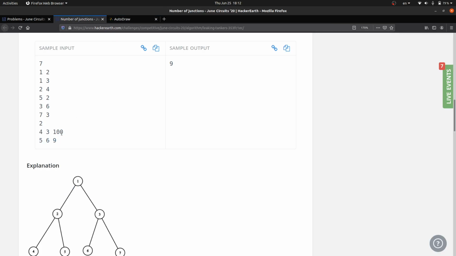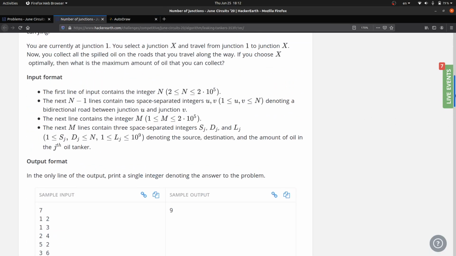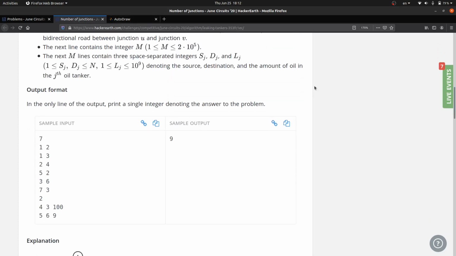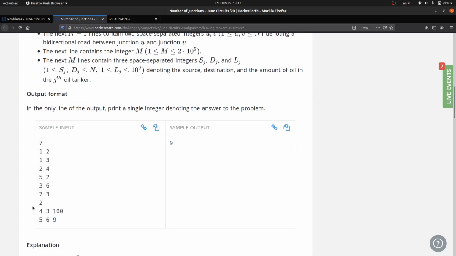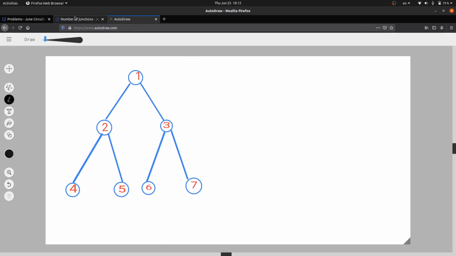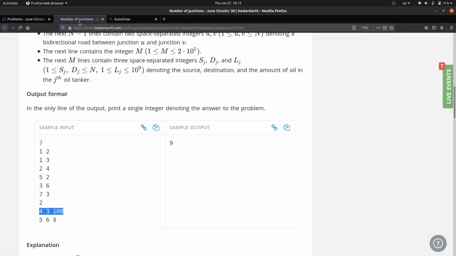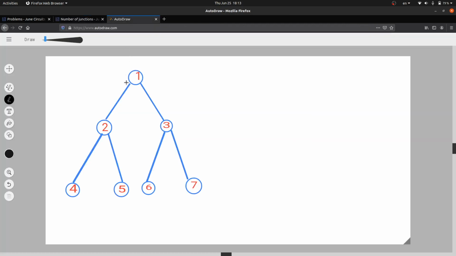Because look, first we have constructed the tree from these inputs, and m can be as large as 10 raised to 5 and n can be as large as 10 raised to 5. So for every input in m, we can traverse the whole graph with our current strategy.